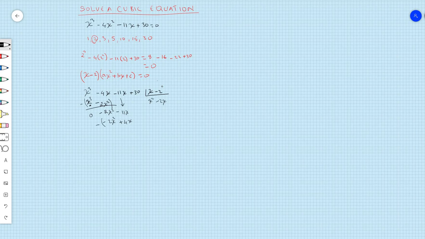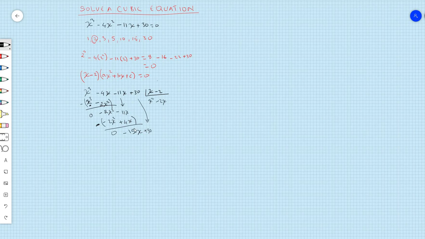And like I said, don't forget that negative sign here. So that negative sign goes in the parentheses. You get 0 here and negative 15x here. And also, draw that down, so you get 30.